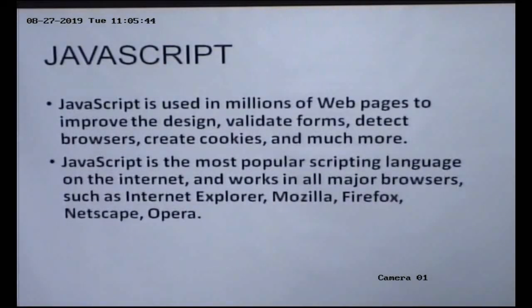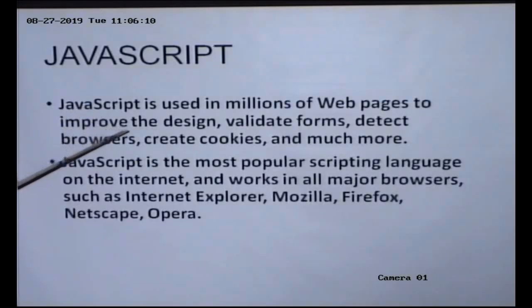So what is JavaScript? JavaScript is used in millions of web pages to improve the design, validate forms, detect the browser, create cookies and much more. Many client-side pages are now built with JavaScript. So why are you using JavaScript inside your HTML code?